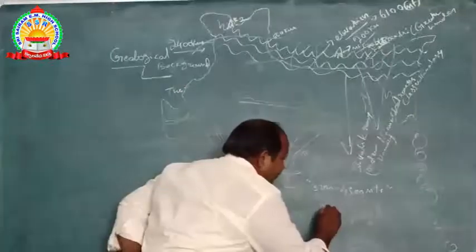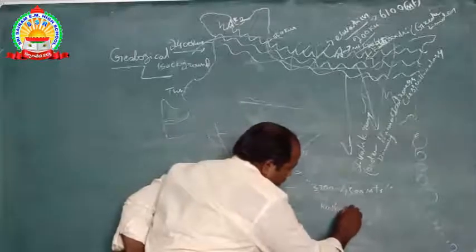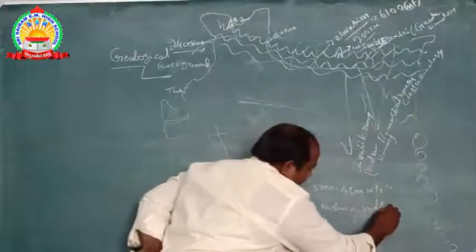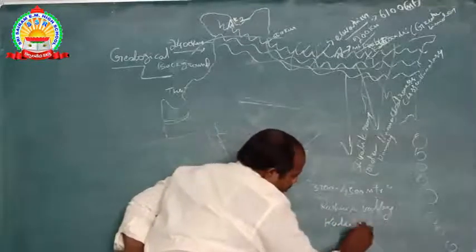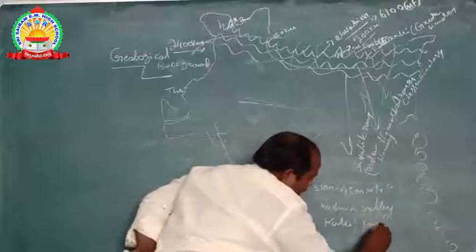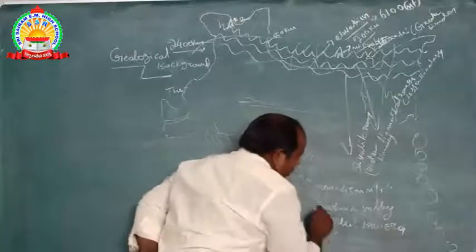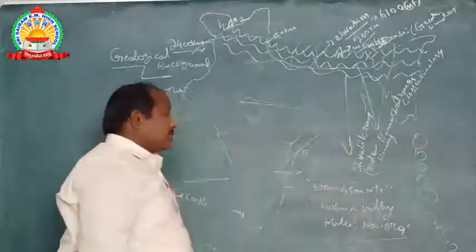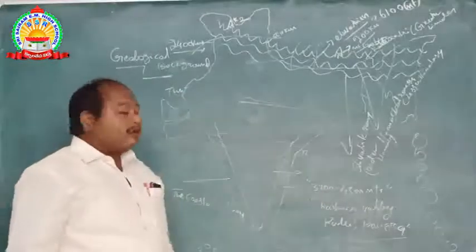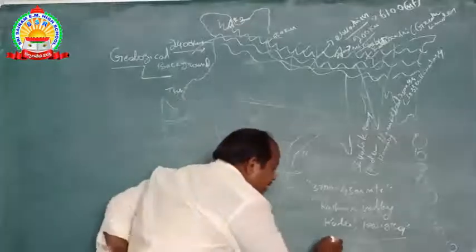Kashmir Valley, Kulu and Kangra. These are important valleys of the Lesser Himalayas or Himachal ranges, and hill stations.